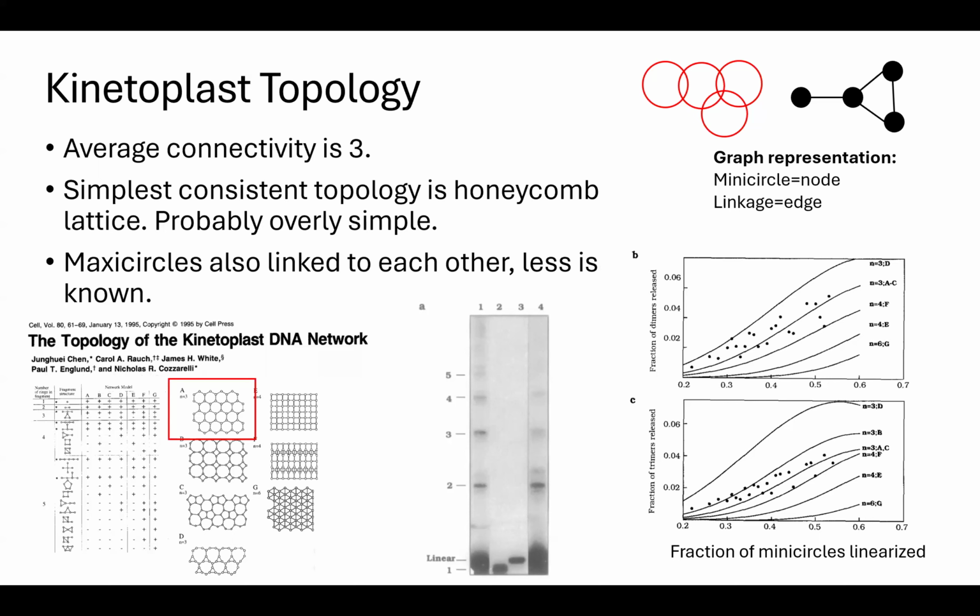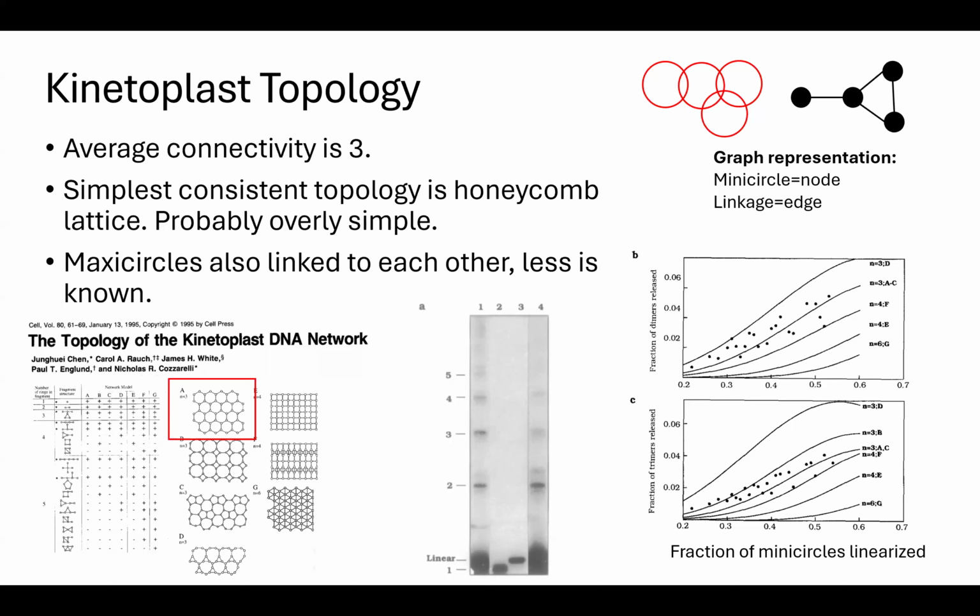So there was an experiment done in the 90s where they used some enzymes to break up kinetoplast networks, and then ran the chopped up DNA through a gel and looked at how it split into different bands corresponding to one loop or two loops or three loops.